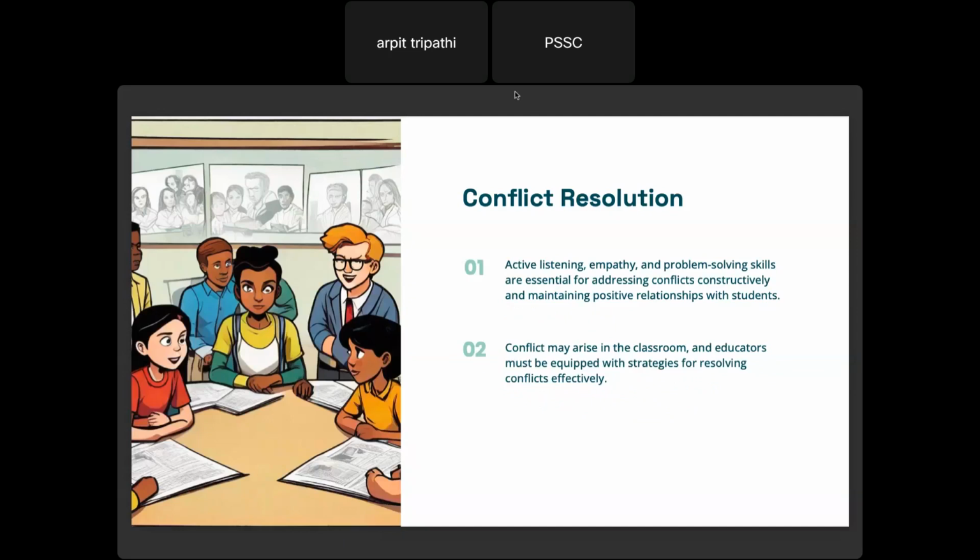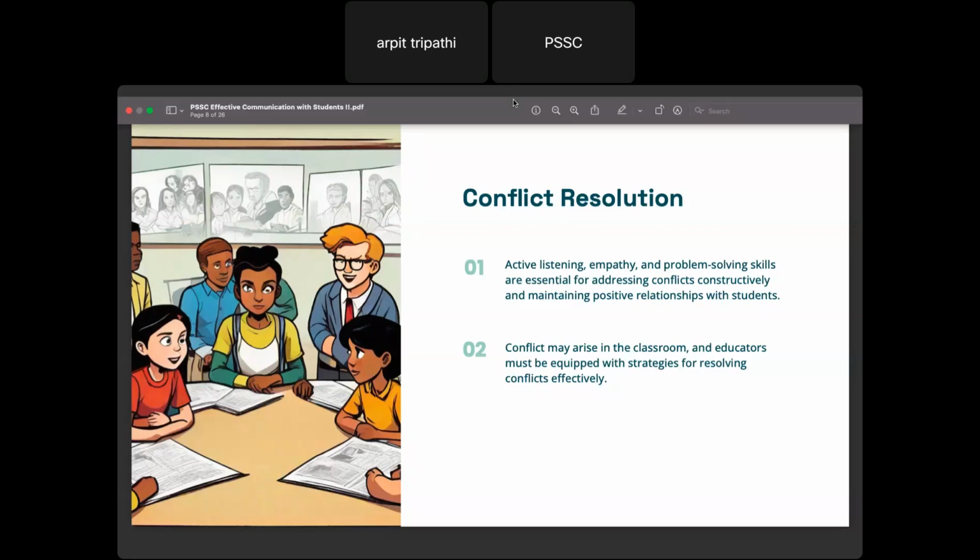Conflict resolution is something very important in education for maintaining a positive learning environment and promoting healthy relationships among students and between students and educators.